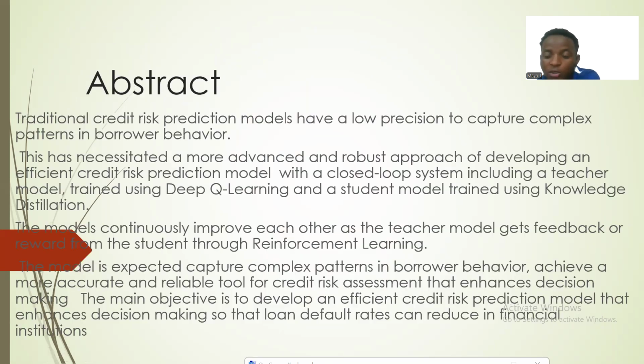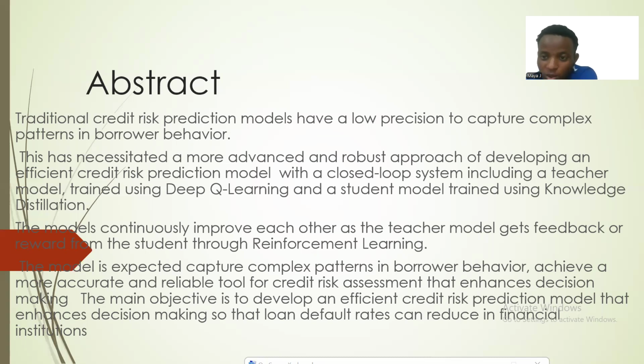Traditional credit risk prediction models that use linear regression and other basic algorithms have a low capability to capture complex patterns in borrower behavior, most especially when data is highly dimensional.